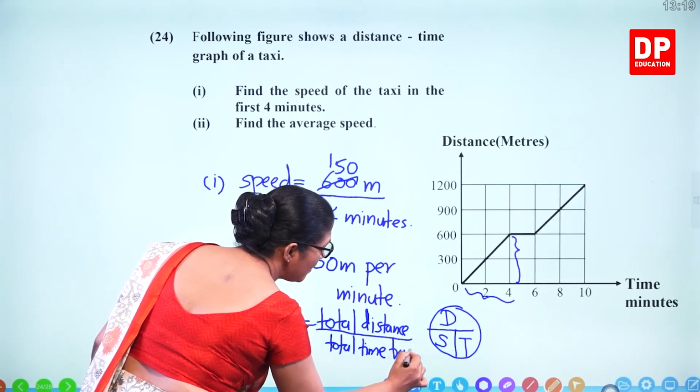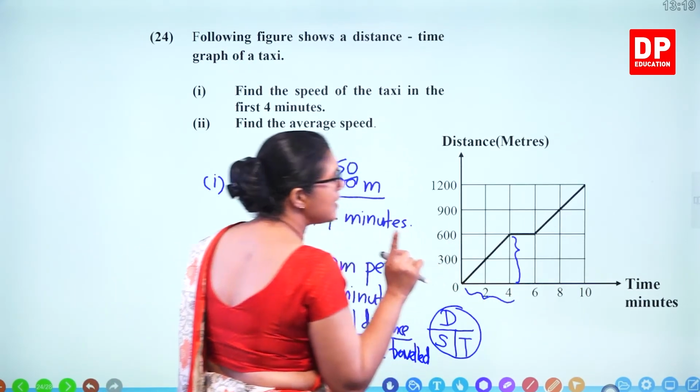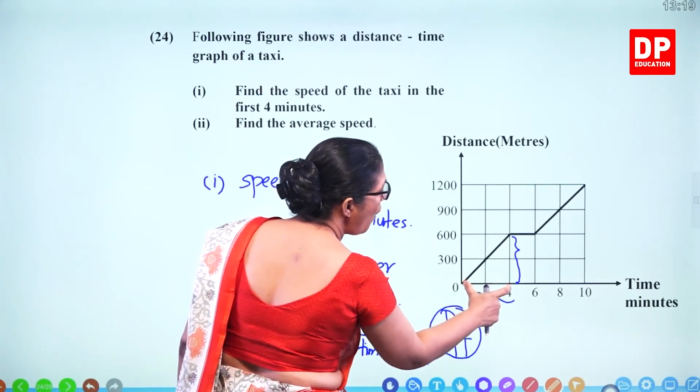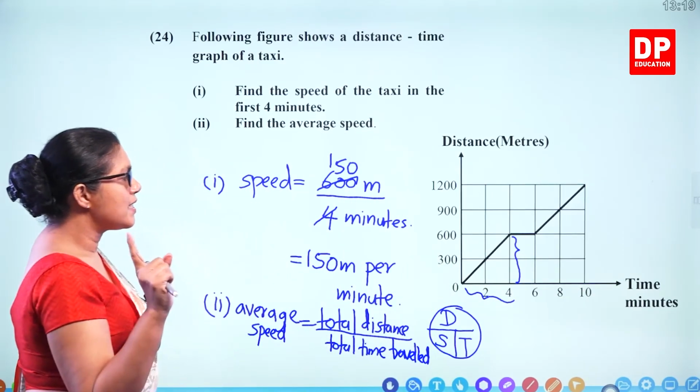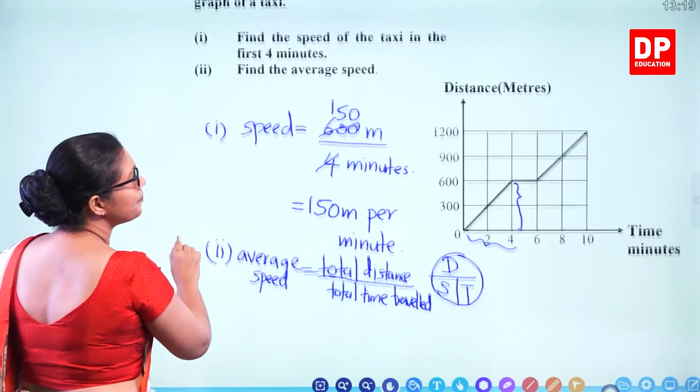That's important. You can't just take 10 minutes, because it actually travelled 4 and this 4, 8 minutes only. So what's the average speed?